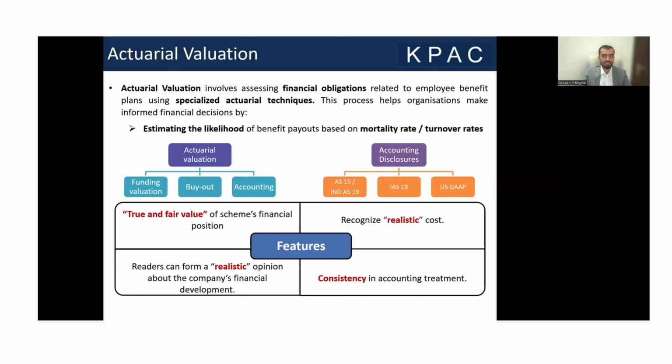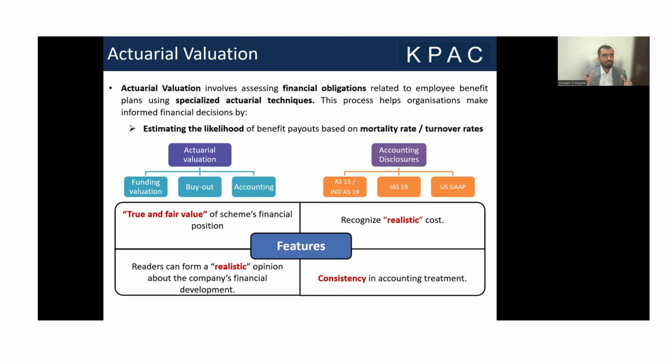That is, the cost is determined as what it should be, because the actuarial liability ignores any form of prudency element. Now, why is realistic cost assessment important? Simply because actuarial valuation results are presented in the annual reports and accounts. And these form useful disclosure-related items for all the stakeholders, say shareholders and other users of the accounts.